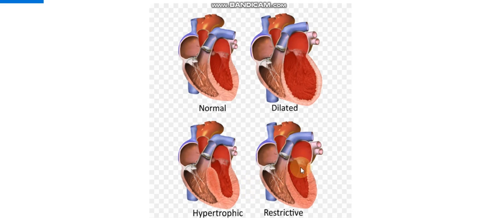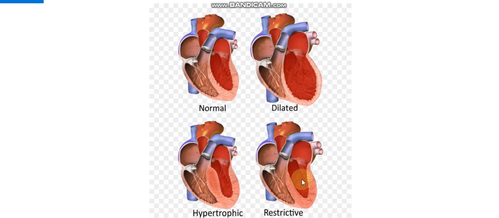So the third thing is the restrictive. Restrictive, you need to know only one thing, that is a plastic bag. You cannot inflate a plastic bag so much, it will burst, so it also cannot dilate properly because its elasticity is gone.